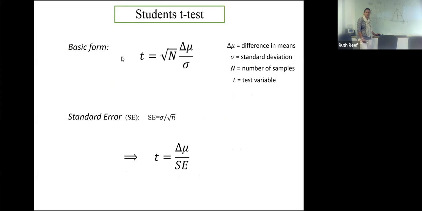So here's the basic form of the t-test. There's another thing we can apply instead of the standard deviation and the square root of the population size. We can use a statistic called standard error, which is basically the standard deviation divided by the square root of the population size. Mathematically, I've just replaced this with this number.